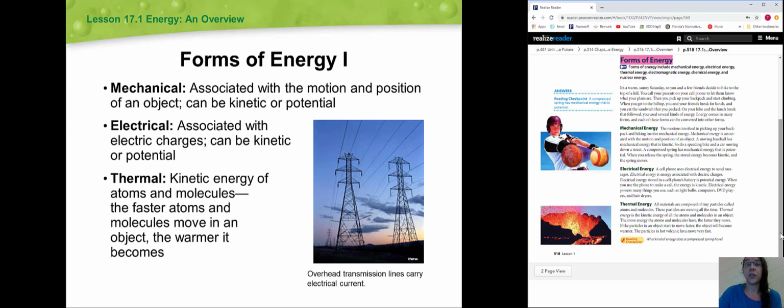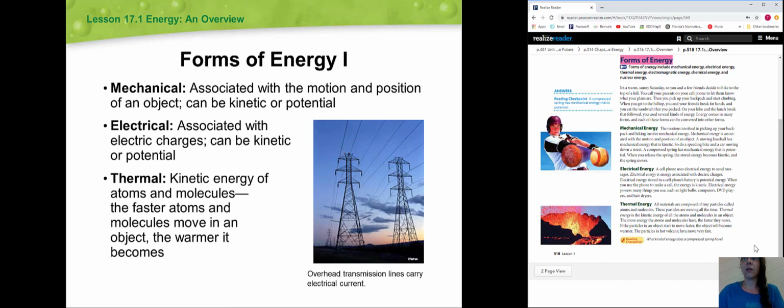Thermal energy. All materials are composed of tiny particles called atoms and molecules. These particles are moving all the time. Thermal energy is the kinetic energy of all atoms and molecules in an object. The more energy the atoms and molecules have, the faster they move.